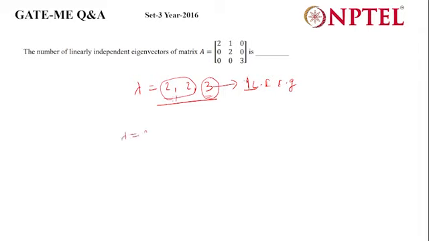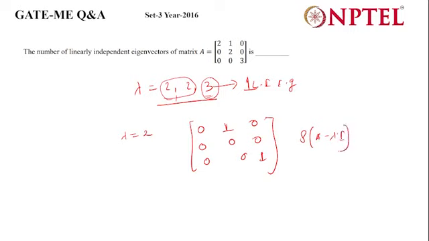We'll put lambda equals 2 in A minus lambda I. So you will get the matrix. What will be the rank of A minus lambda I? 2.